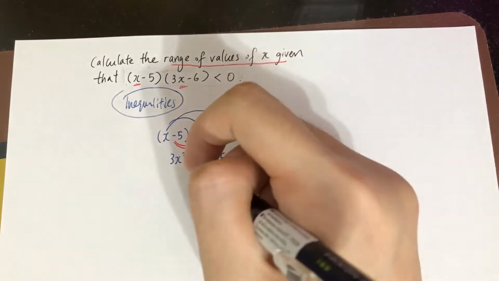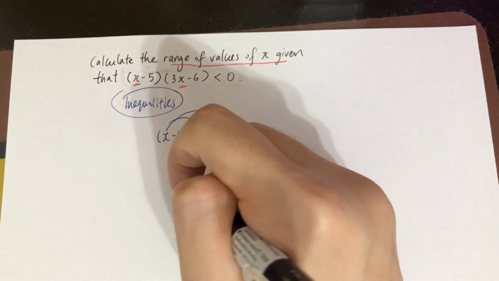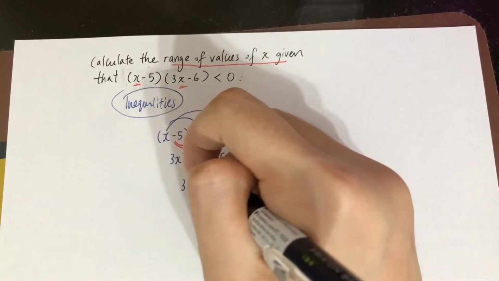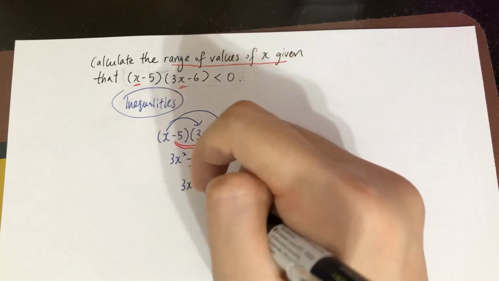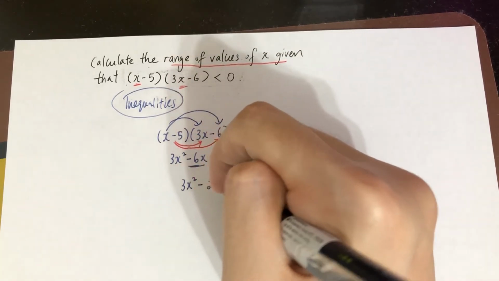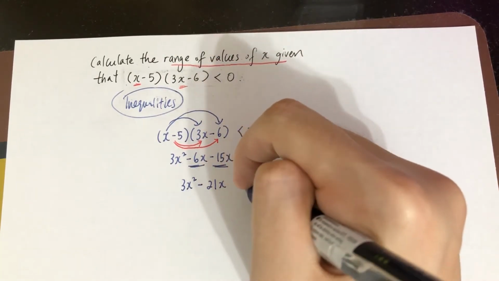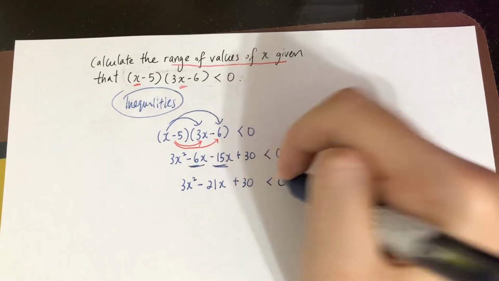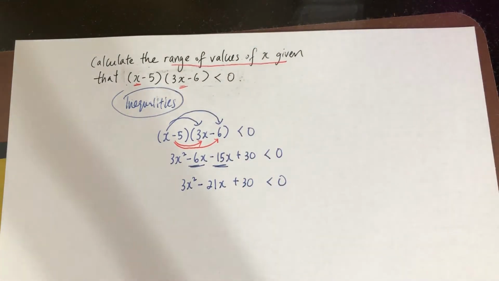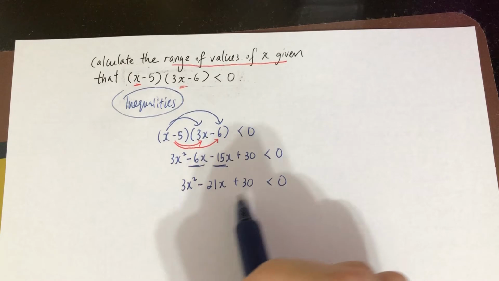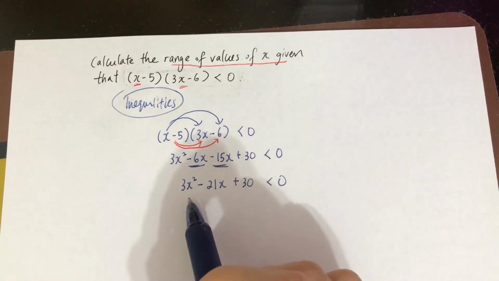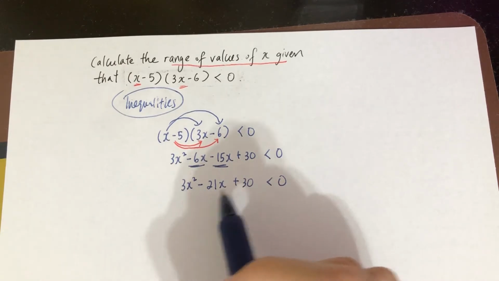Next step, we will further simplify this. So 3x squared minus 6x minus 15x would be minus 21x, plus 30, less than 0. Notice that this is a quadratic expression, and it can be further simplified by dividing by 3 throughout.